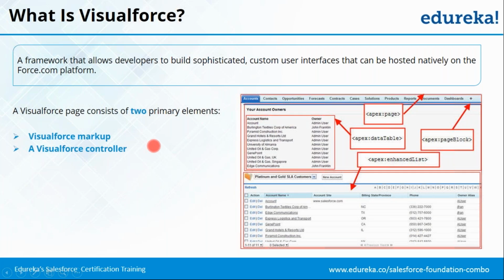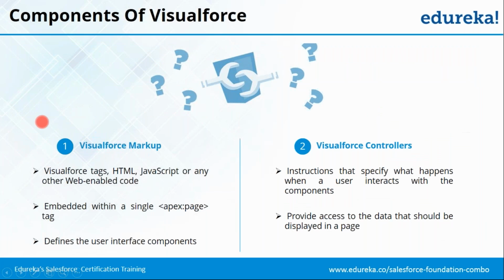So that was the basic example and introduction that I want to give about Visualforce. A Visualforce page consists of two primary elements: the Visualforce markup and the Visualforce controller. In the next slide I have the difference between the two. When I say Visualforce markup, I'm referring to the Visualforce tags, the HTML tags, and the JavaScript, or any other web-enabled code.